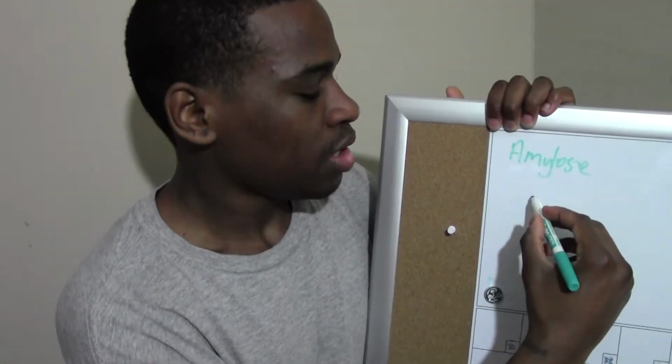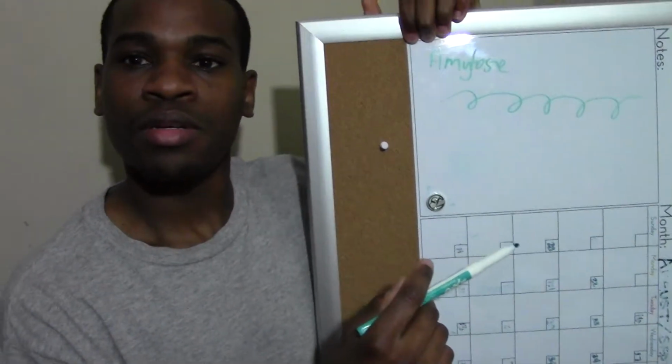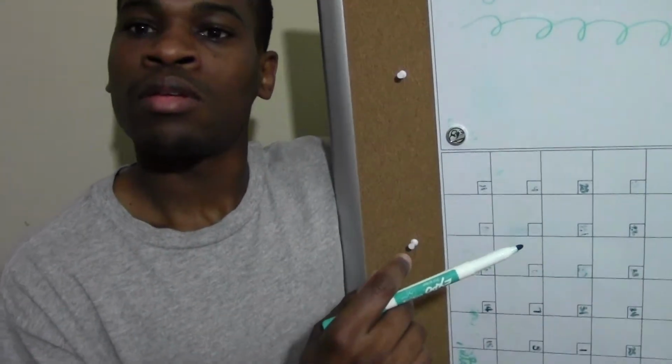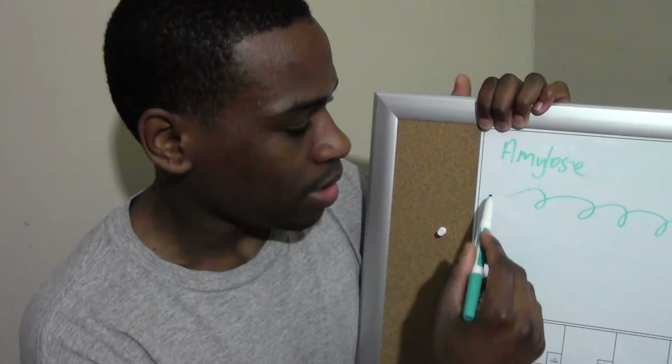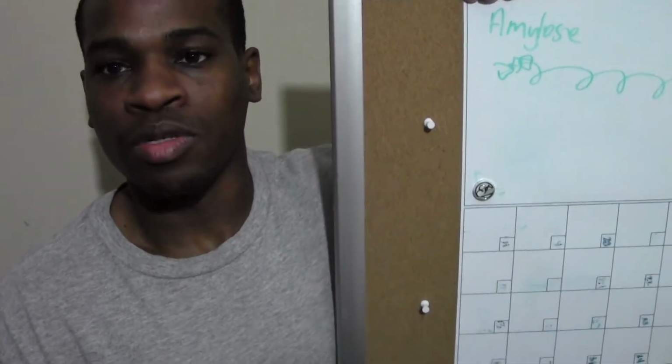So amylose is a linear structure. Sometimes it can be helical, such as this right here. Is that seen? Sorry for the reflection. And these are made up of glucose units as well. I'm just going to draw something in there for simple illustrations.